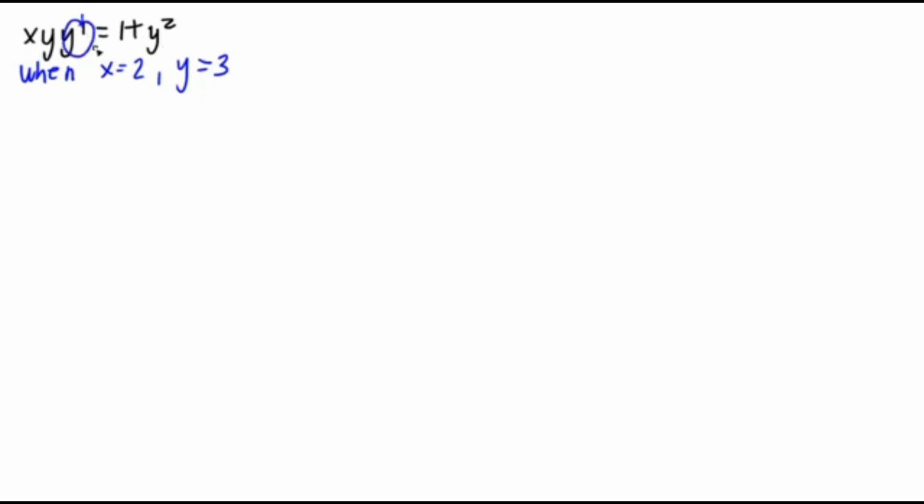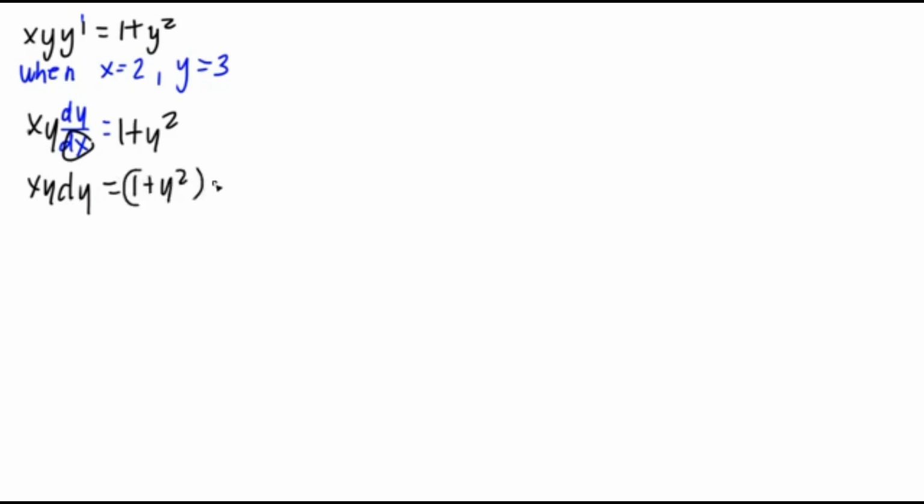Y prime is equal to dy over dx. So, palitan natin siya. Magiging xy dy over dx is equal to 1 plus y squared. Multiply natin both sides by dx. So, magiging xy dy is equal to 1 plus y squared dx.